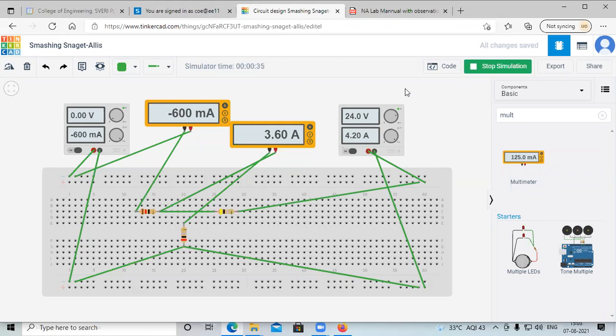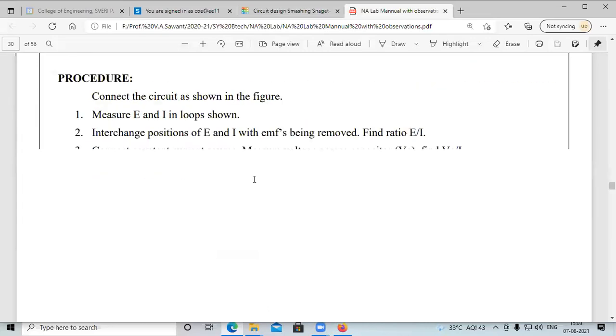Yes, sir. Okay. Now we will see the next practical, the verification of the maximum power transfer theorem. It is similar to Thevenin's theorem.